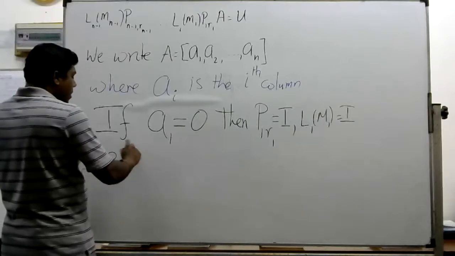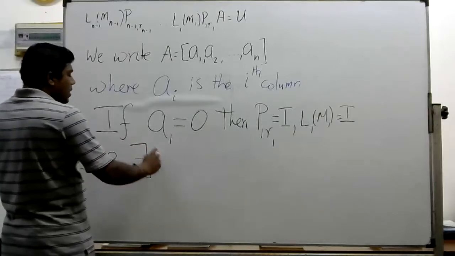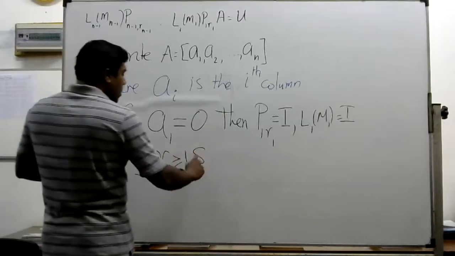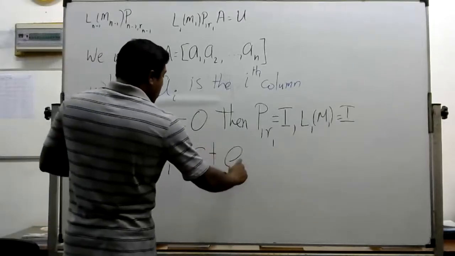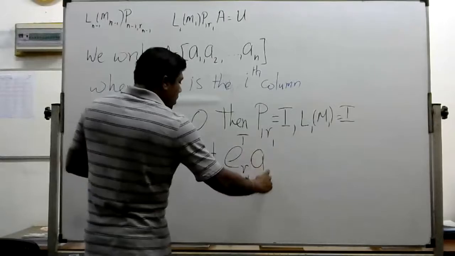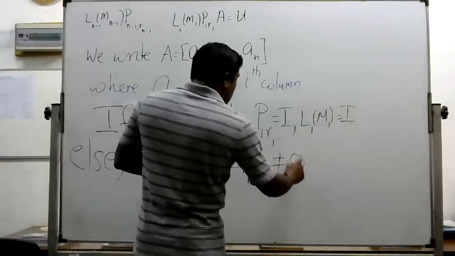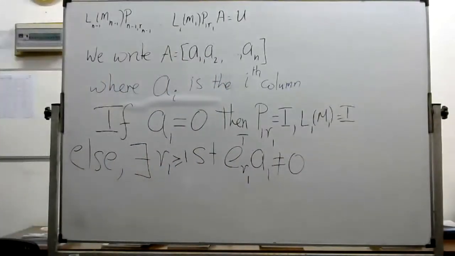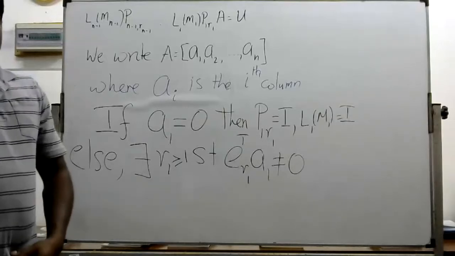So there exists R1 greater than or equal to 1 such that E_R1 transpose A1 is non-zero. So you will have at least one non-zero component in the column.